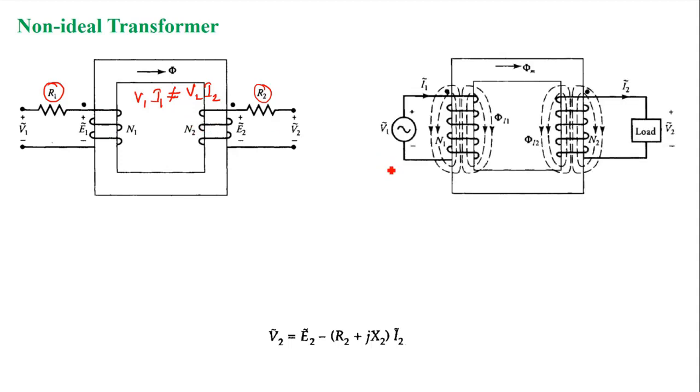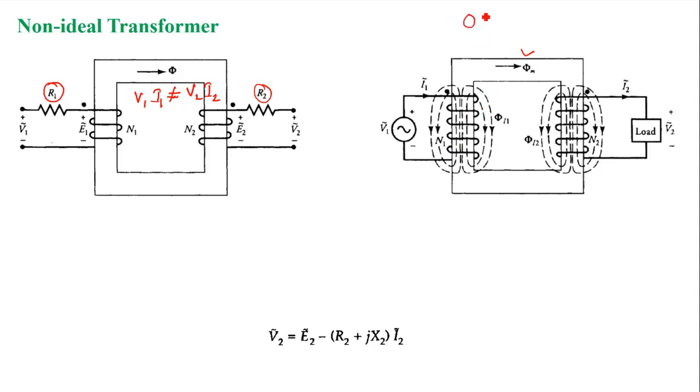Now obviously we should consider the leakage flux in the transformer. You can see the leakage flux in this figure. Whatever the coupling of the transformer may be, there will be certain leakage flux, right? This leakage flux indicates that the mutual flux, that is the flux linking coil 1 and 2, is always less than the flux produced by the primary winding.